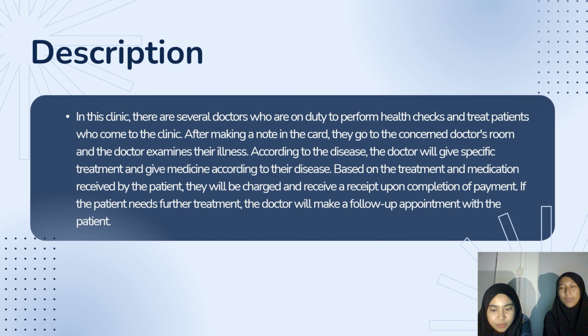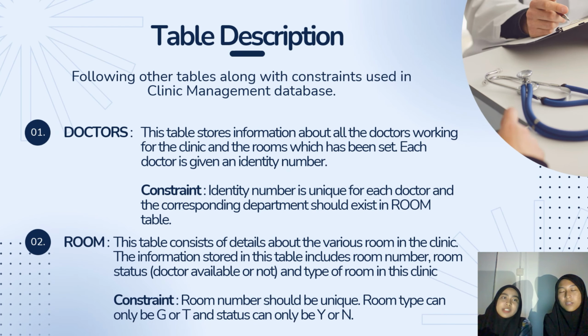Next, I will explain the table descriptions, which are each of the tables that we put in our database system for this study. First is doctors. This table stores information about all the doctors working for the clinic and the room which has been set.